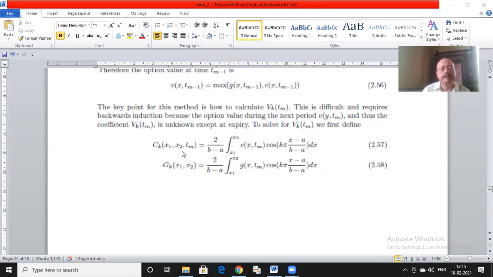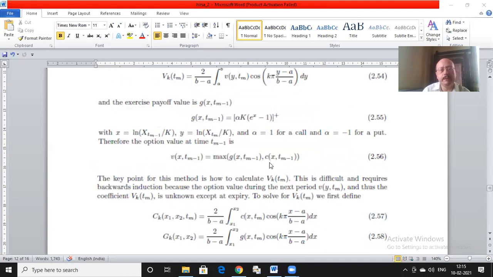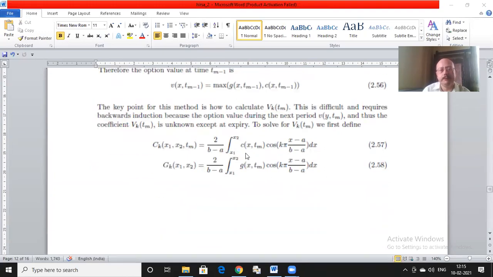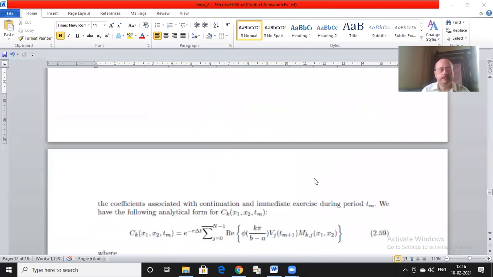So CK x1 x2 tm, at this time point, is defined as 2 by b minus a times the integral from x1 to x2 of c x tm, which we have used here, times the cosine part. And similarly, the immediate exercise term gk x1 x2 is again an integral of g x tm and the cosine part. So these two expressions we will require. Let's see how.